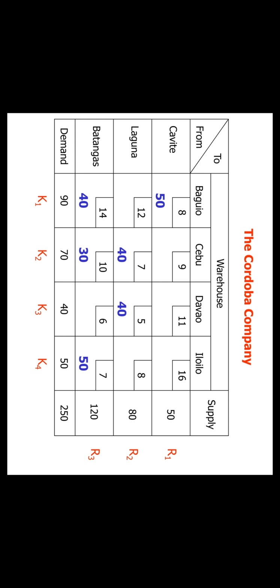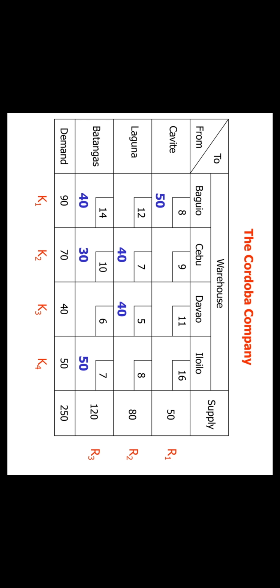You might be wondering, why is it that for the rows we made use of the letter R, while for the columns we are using the letter K? It is not because we are using the Tagalog version of the word column. We are using the letter K instead of the letter C because the letter C has already been used to represent cost.